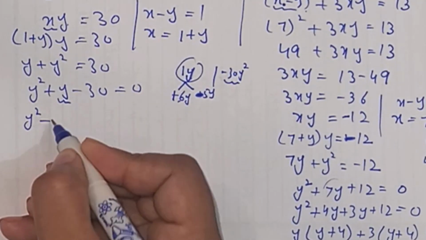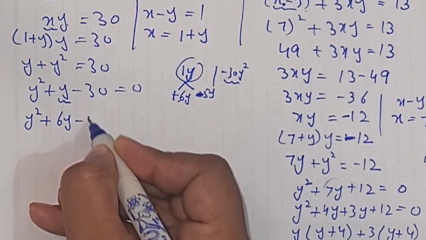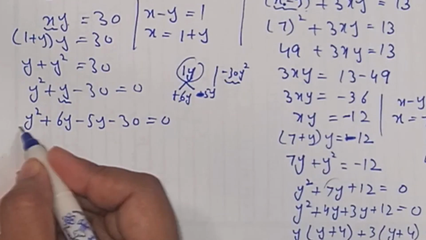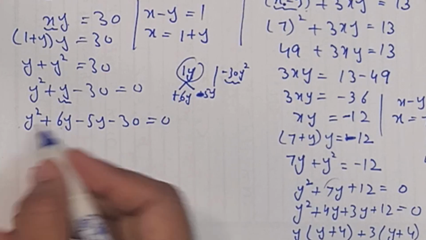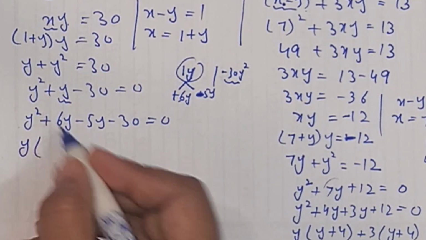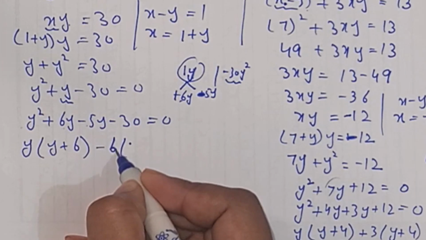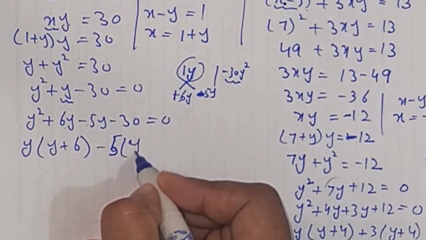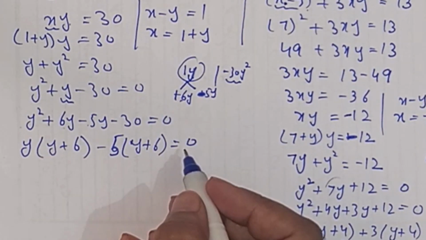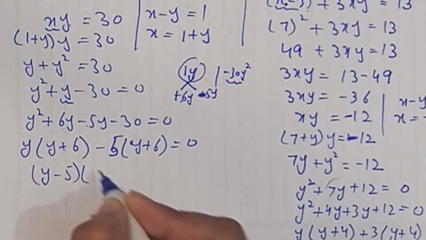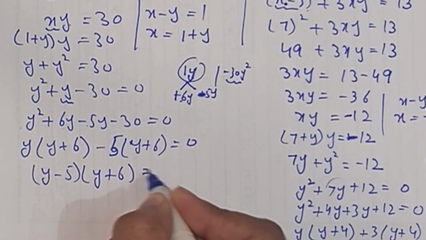So this is y square plus 6y minus 5 times y minus 30 is equal to 0. Look at these first two terms, y is involved in these terms, so we factor it out, and the remaining value is y plus 6. Minus 5 is involved in these two terms, so the remaining value is y plus 6, and it's equal to 0. So we write this as (y minus 5) multiplied by (y plus 6) is equal to 0.